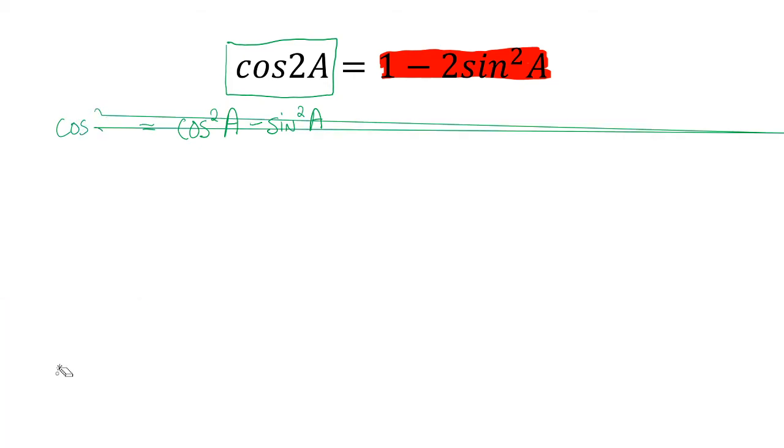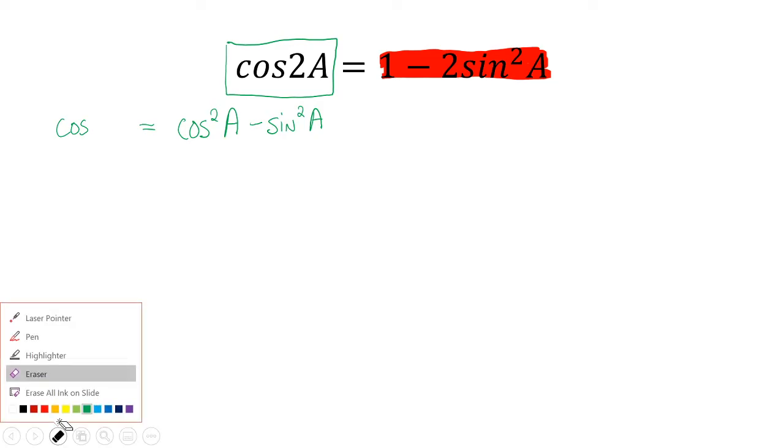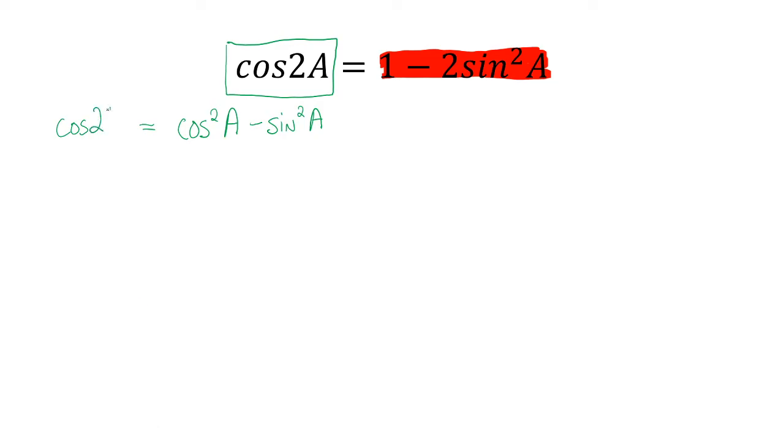Whoops. Sorry, I don't know why my computer does that once in a while. So as we look at this, we want this side to be manipulated until it reaches the other side.